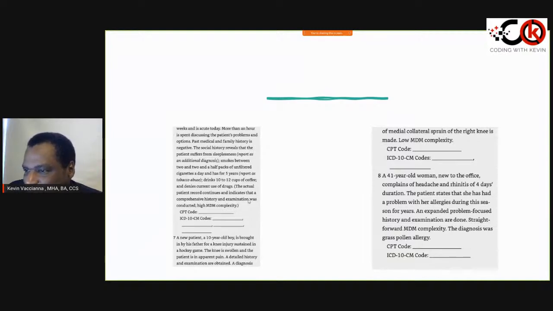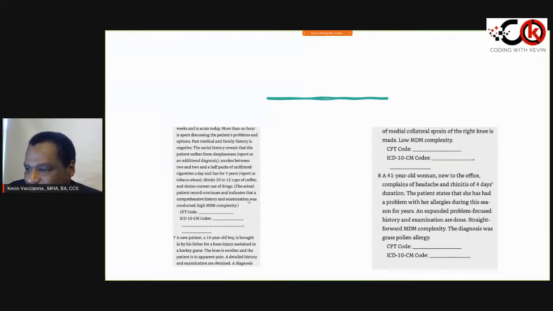The actual patient record continues and indicates that a comprehensive history and examination was conducted and a high MDM. So they're telling you right off the bat what it is. Medical records are not going to be that straightforward in the real world, folks, but this one is.